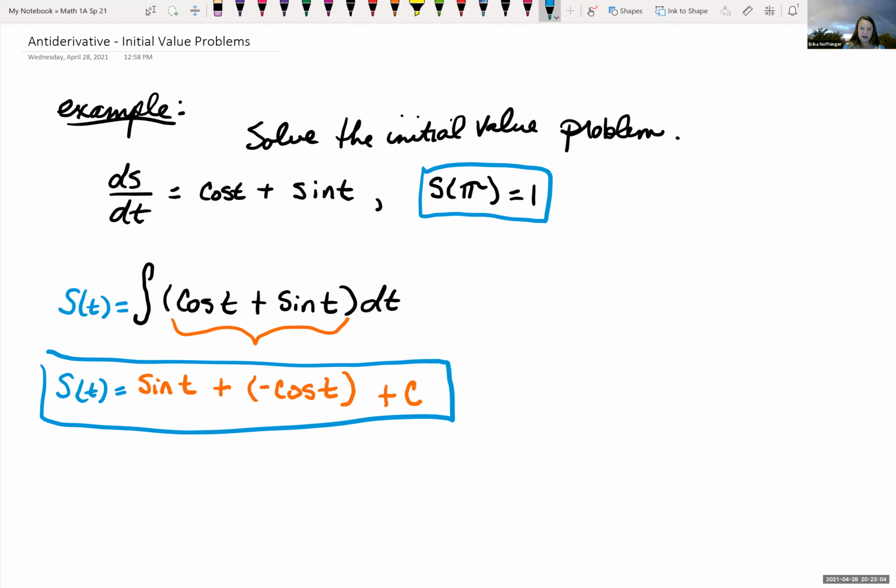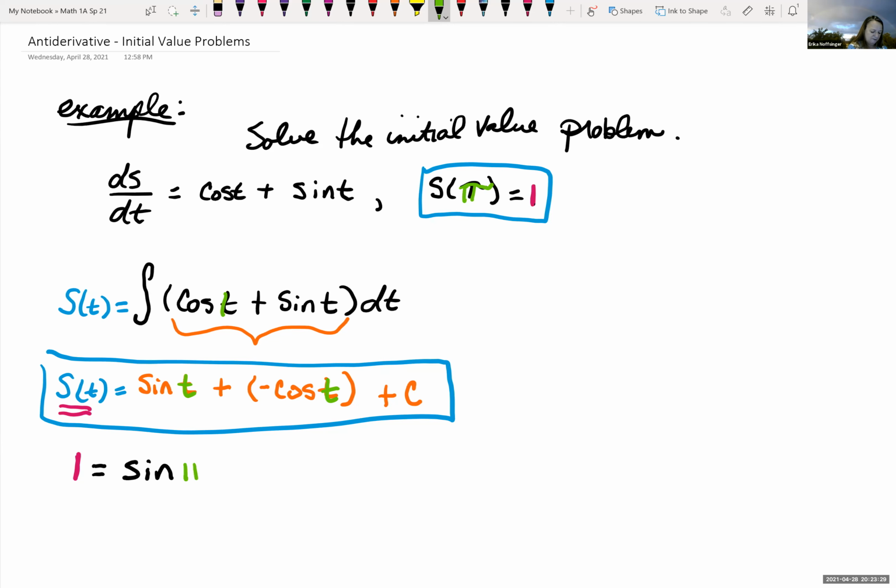So we're going to use this information and the information they gave us about our original function. So when t is pi, s is equal to 1. So all we're going to do is replace s of t with 1. That's our y value when t is pi, is equal to, and wherever we see a t, we're going to plug in pi.